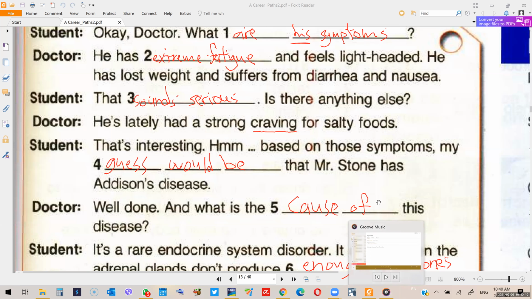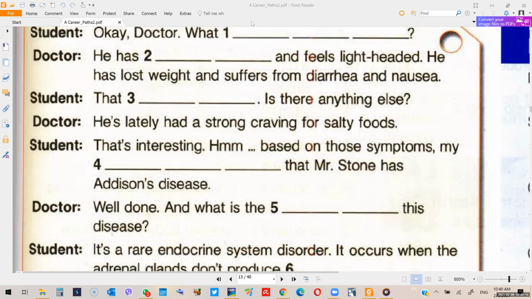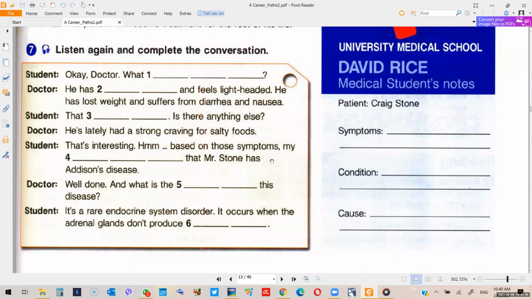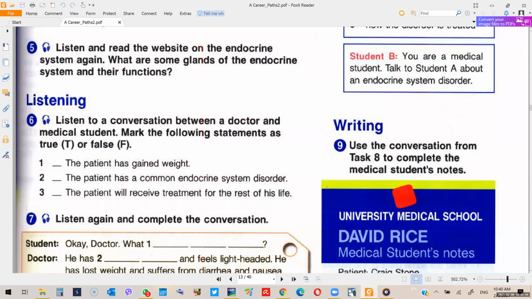Okay. Well done. Now, of course, in this conversation, we have very important questions and very important issues related to the patient or to the language.